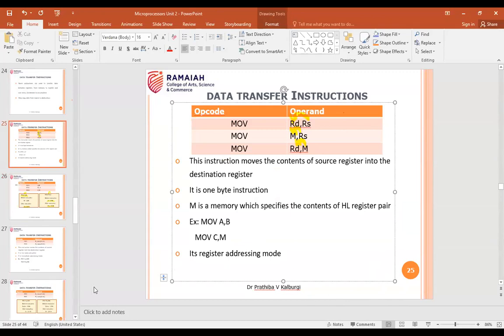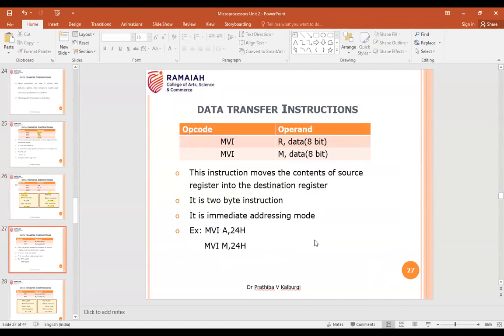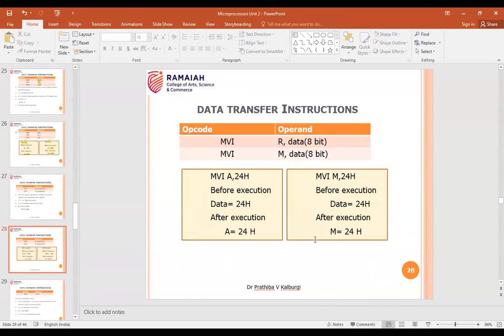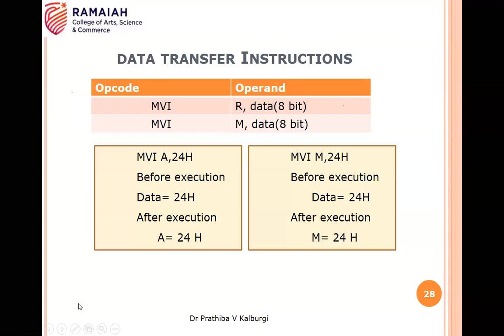Now coming to the program, I'll write a small program showing how exactly we are going to use the move immediate instruction I have explained. Before execution, you have the instruction move immediate A comma 24. After execution, the 8-bit data is immediately moved into your A register, so A will have 24H.